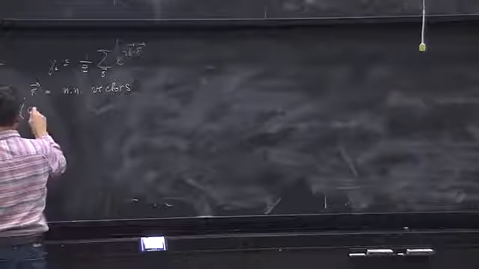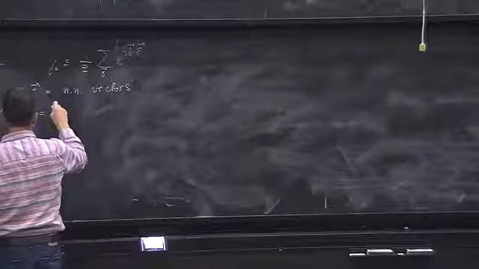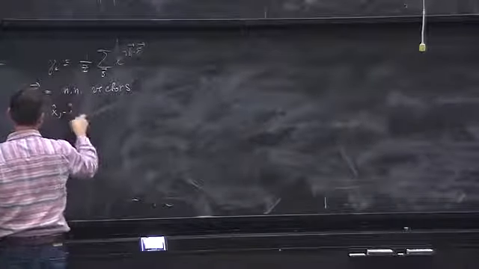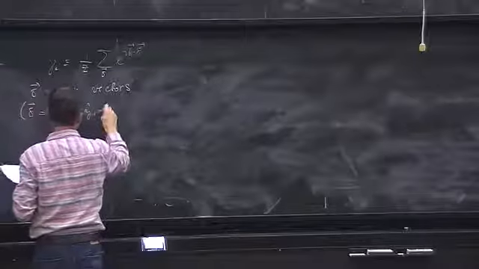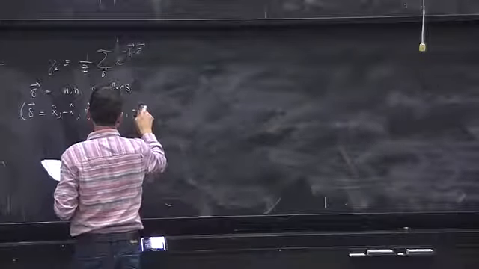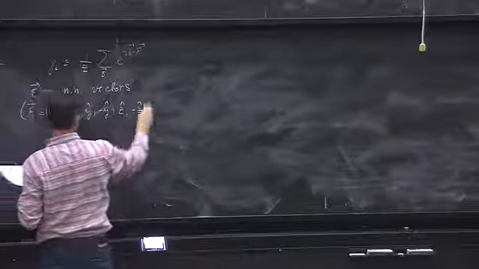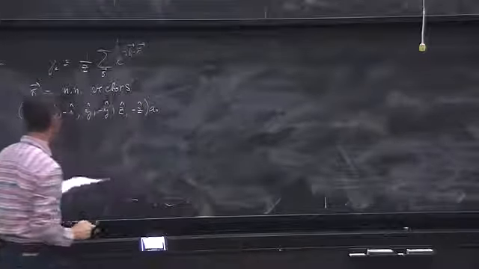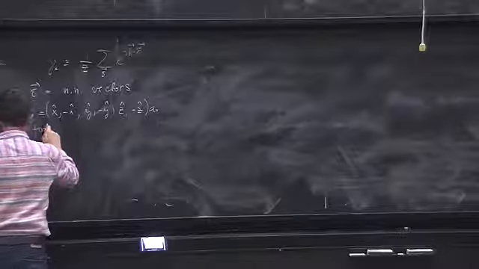For instance, delta would be plus or minus x, plus or minus y, plus or minus z, multiplied by a naught, the lattice constant for cubic lattice.